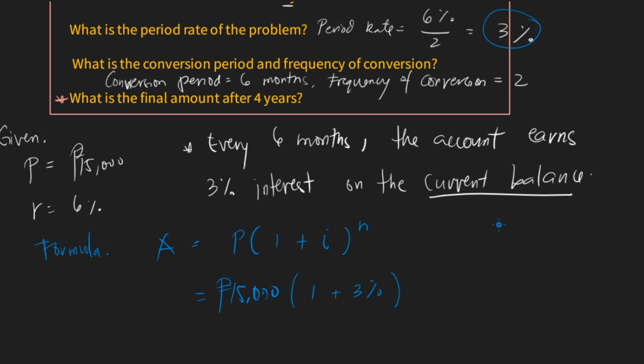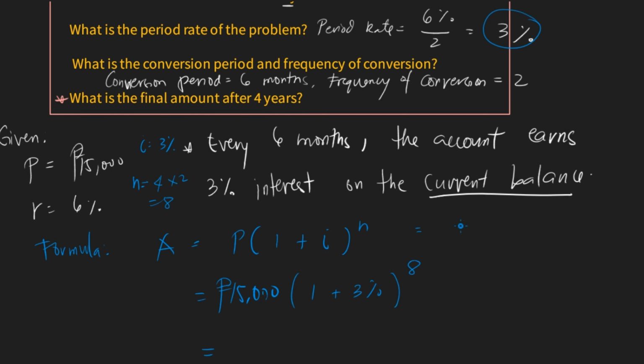And your n is the time times the frequency of conversion. N is time, which is 4 years, times the frequency of conversion, which is 2. So we have 8. This is your i, the period rate of 3%.